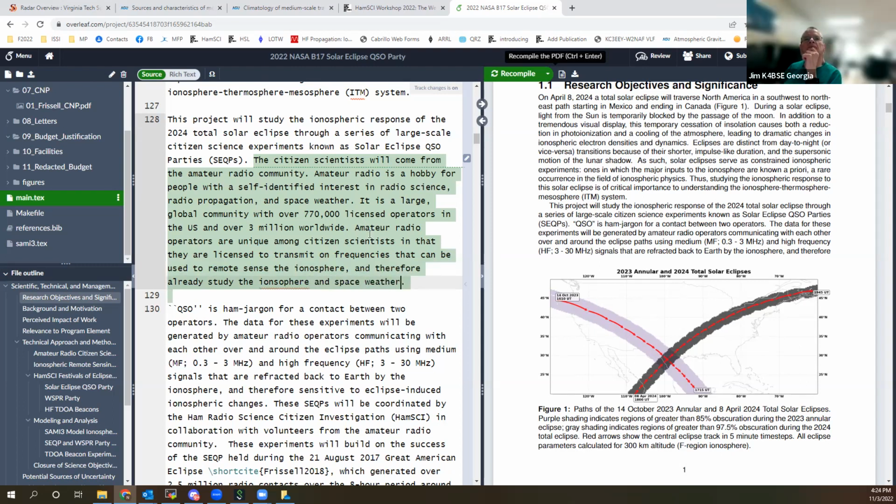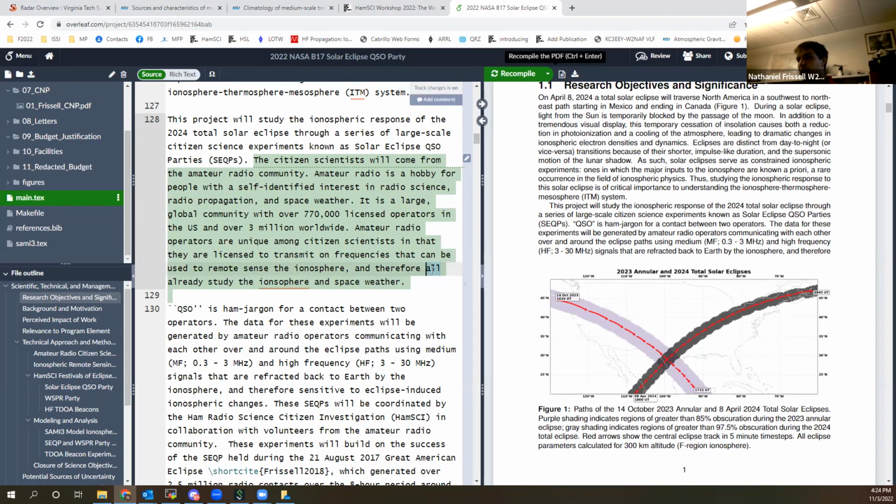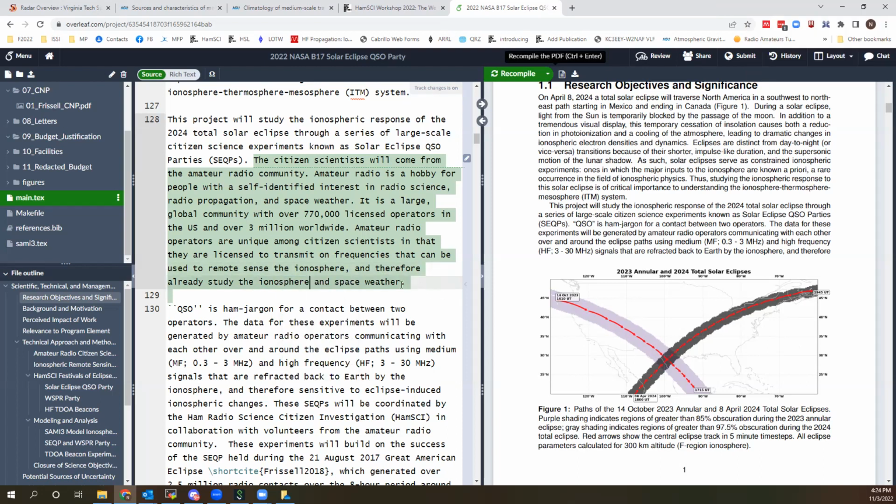Amateur radio operators are unique among citizen scientists in that they are licensed to transmit frequencies that can be used to remote sense the ionosphere, and therefore already study the ionosphere and space weather as part of their licensing requirements. Yeah, that's good.